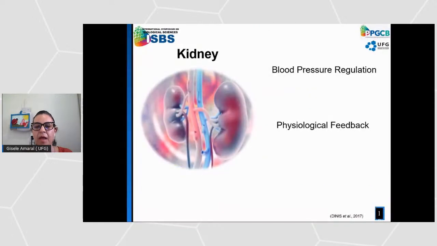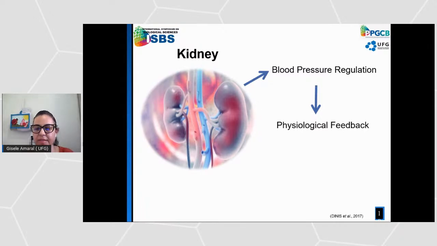widespread. The kidney plays an essential role in the regulation of blood pressure through self-regulation, as shown. Some evidence indicates that the use of glucocorticoids negatively influences this physiological feedback.